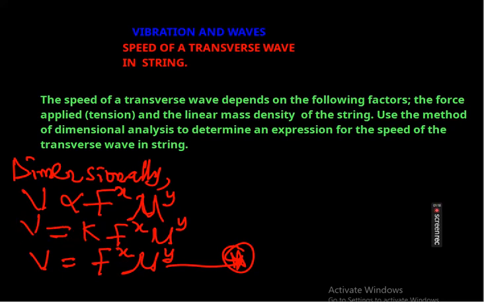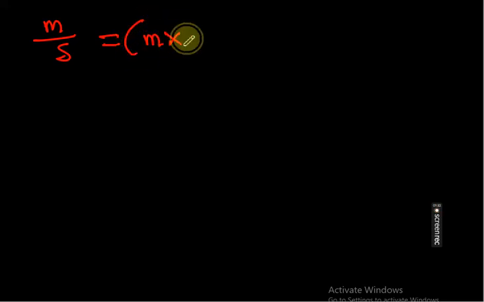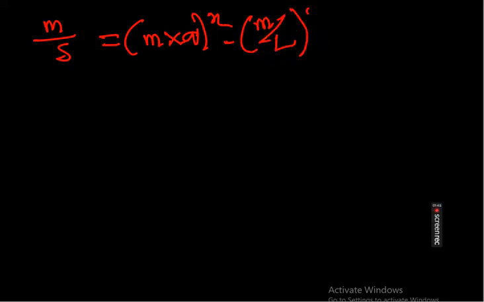And v now, v is our velocity or speed, which is in meters per second, and F is our force. Force is the product of mass times acceleration, raised to power x, multiplied by mu, the mass per unit length. That mu simply means mass over length, raised to the power of y.